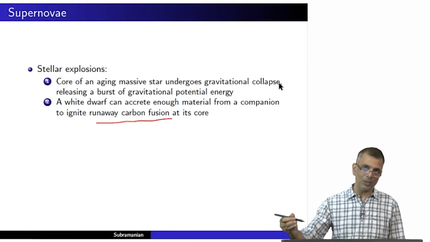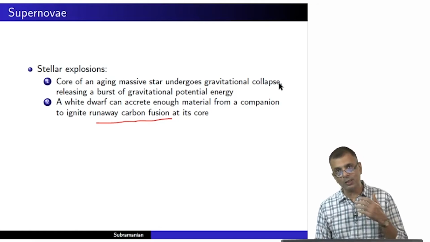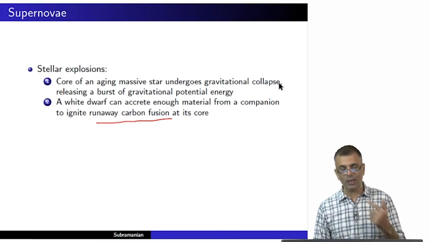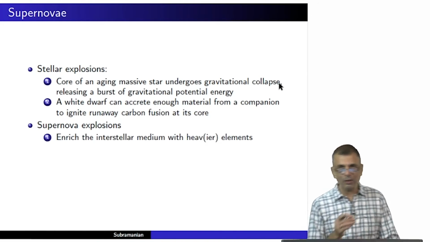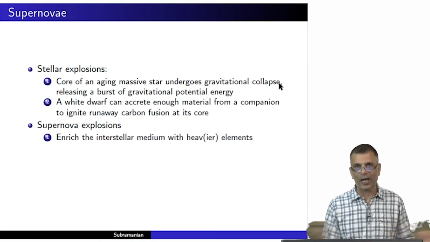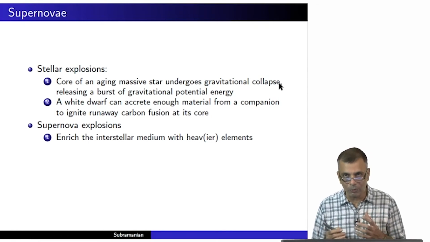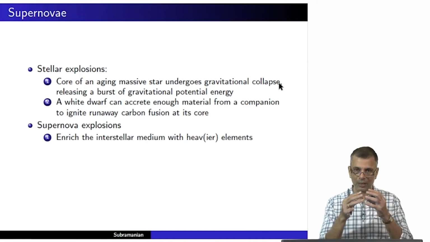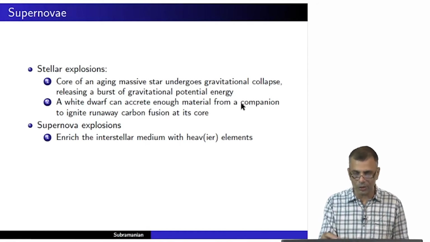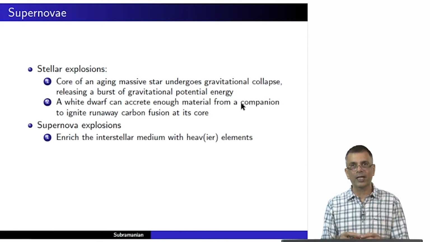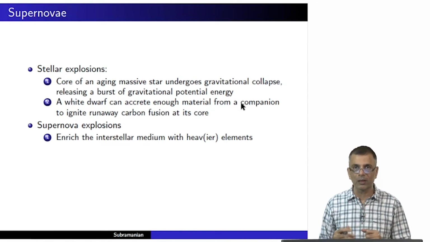After helium, carbon starts getting fused. And what's more, the carbon fusion is runaway. It's unstable, and so it results in a thermonuclear flash, and that is a supernova explosion. So at the very core, the runaway carbon fusion ignites a thermonuclear flash, and that is essentially the bomb-like explosion that we're talking about.